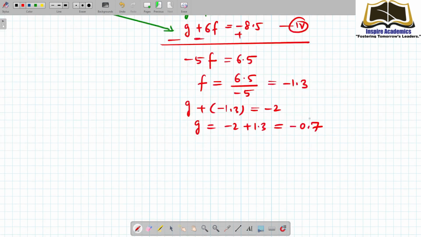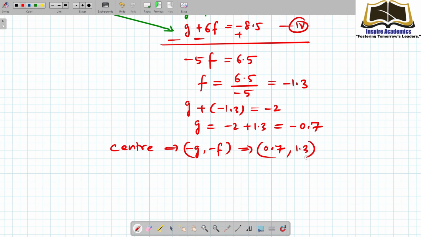So what is the center of the circle that we got? Center is negative g comma negative f. So that would be negative, negative, positive. So negative g is 0.7 and negative f would be 1.3. So this is the center.